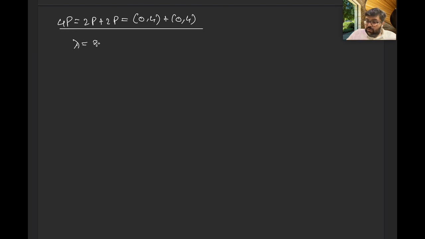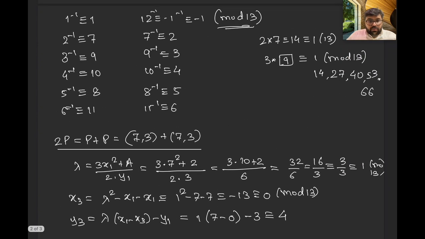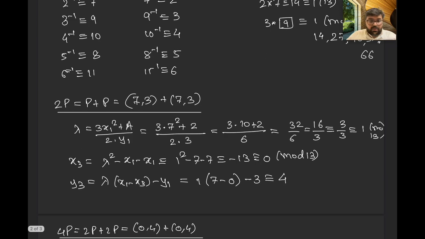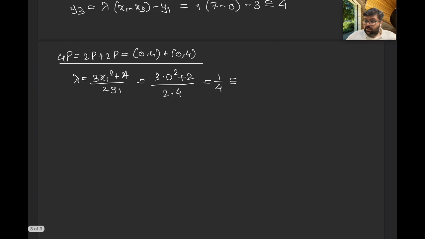So lambda equals 3x1 square plus a upon 2y1, which is 3 into 0 square plus 2 upon 2 times y1. So this is 2 upon 8, so this is 1 by 4. And what is the inverse of 4? 1 by 4. So inverse of 4. That's why these inverses are helpful. So it's 10. So easily we can write.